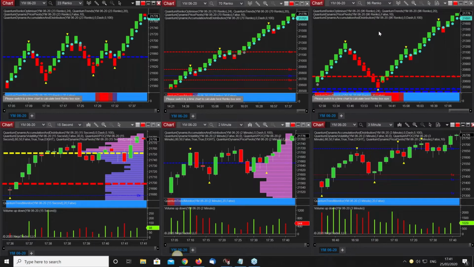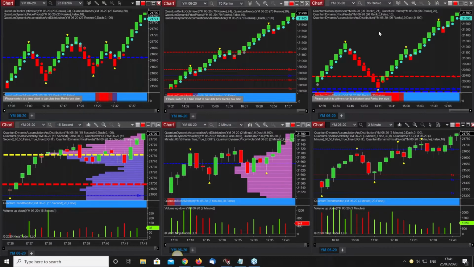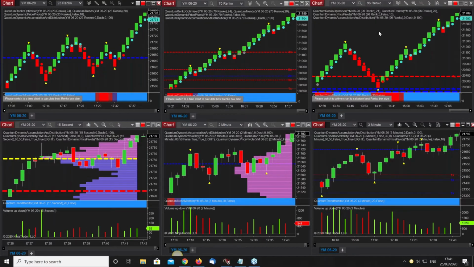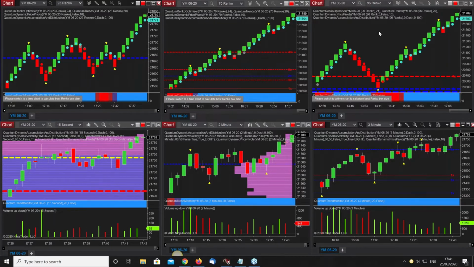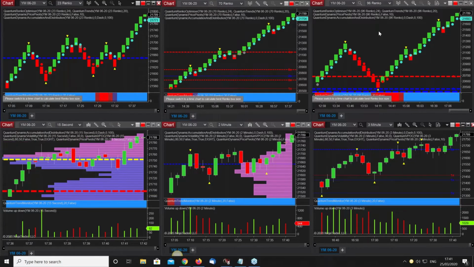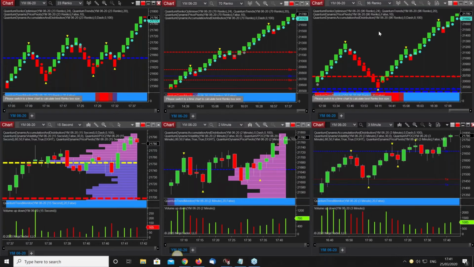If you're trading in a very fast-moving market, those numbers will change more frequently. If the market is sluggish, perhaps only trading in a range of 100 or 200 points on the day, which, let's face it, is a lot more normal than we're seeing at the moment, then you wouldn't need to check it so often. So it's a little bit of rule of thumb.